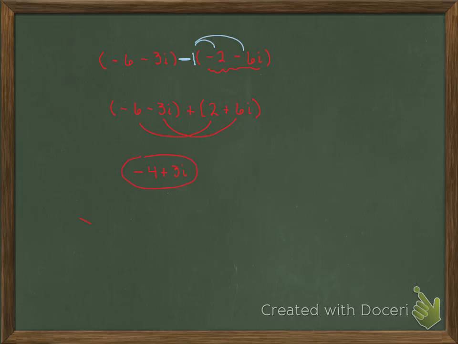Okay, let's do one more subtraction. So negative 2 plus 3i minus 4i. Now, the missing real part of that 4i is 0. So let's start out by rewriting that in standard form.